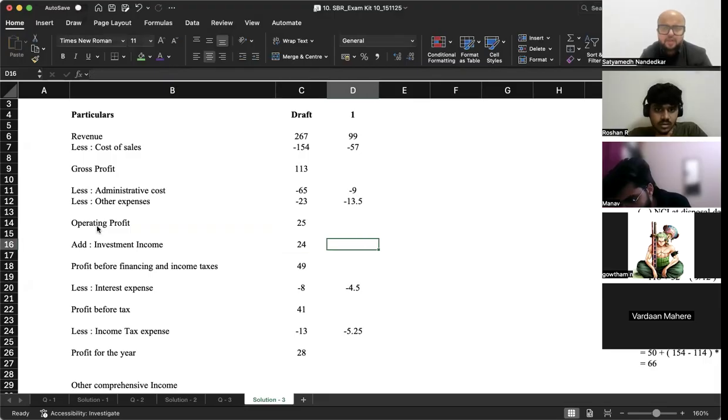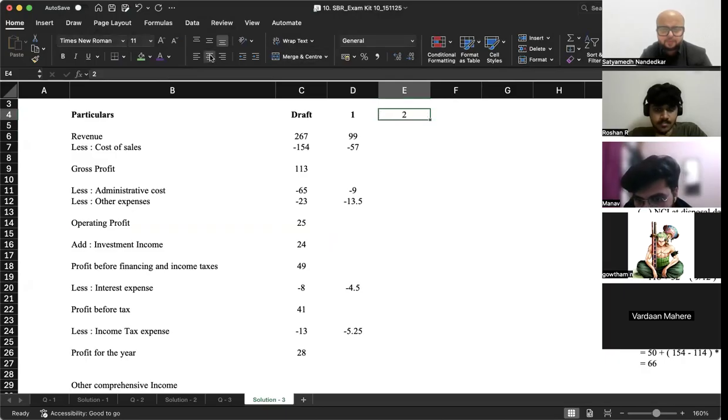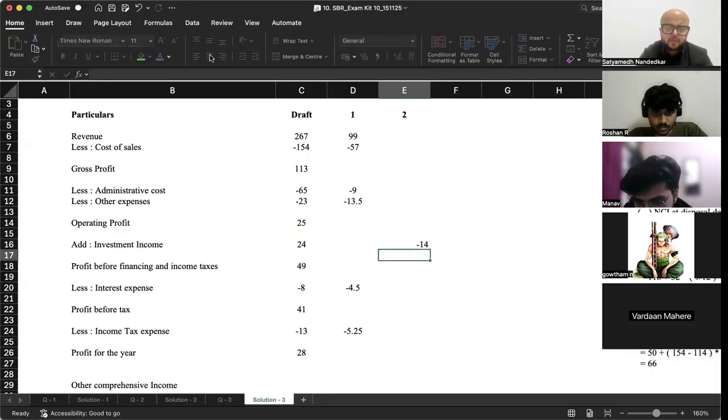So we'll have to first of all subtract 14, right? Yes, sir. Minus 14. Sorry, I should make a separate column here. Adjustment 2. Minus 14. What else?